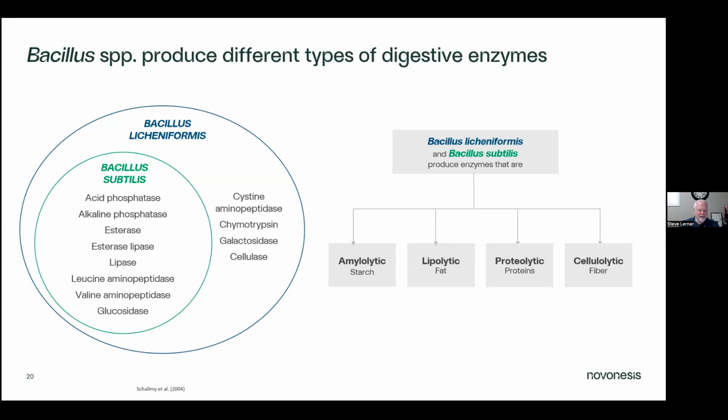That's what makes them so successful in the world. Depending upon which type of food moiety they find, they're able to alter their secretion of enzymes. If they find starch, they secrete amylolytic enzymes. If they find fat, lipolytic; proteins, proteolytic; and fiber, cellulolytic. So they're very good at producing digestive enzymes.